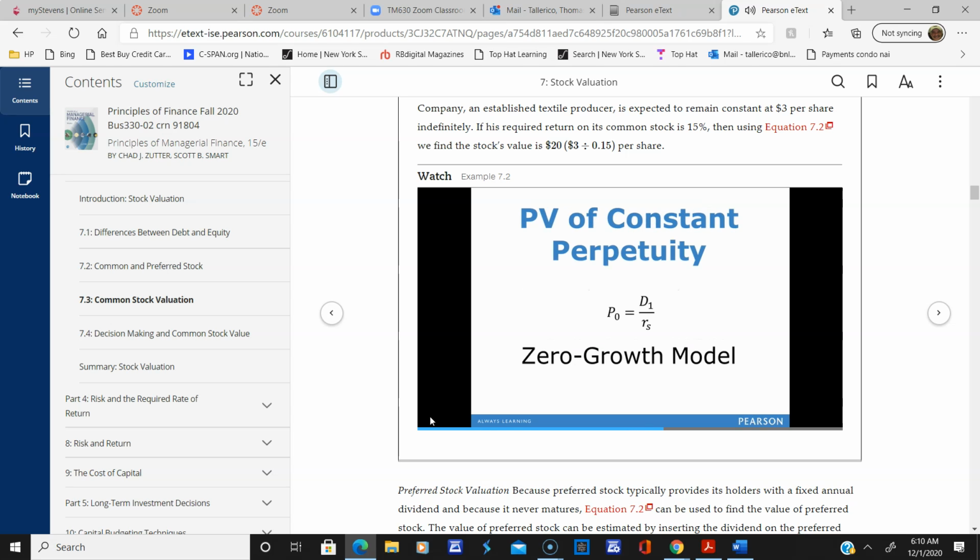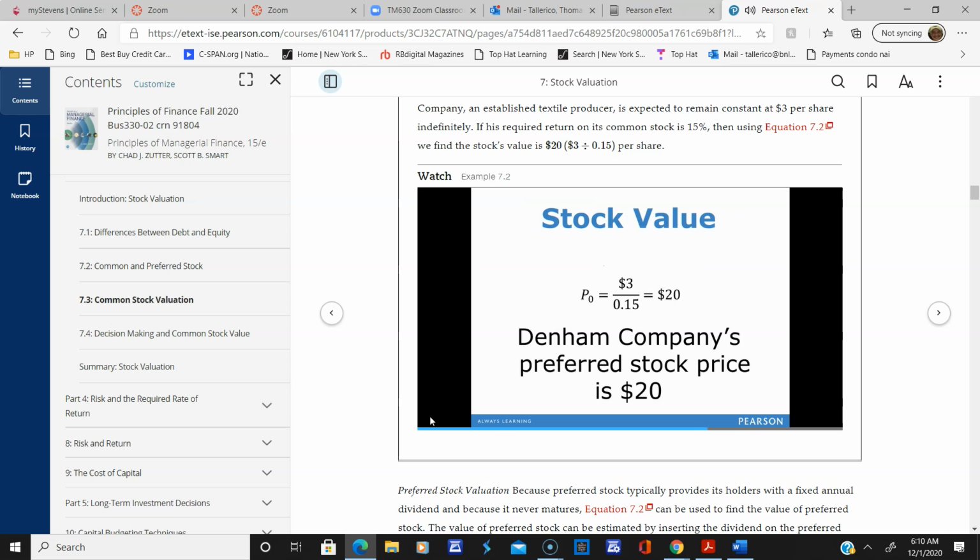Since the stream of dividend payments is a constant perpetuity, we use the zero growth model to estimate the value of the preferred stock. Assuming that the next dividend payment comes 1 year from now, the value of Denham's preferred stock is equal to the dividend payment divided by the required return. If the next dividend payment is $3 and the required return is 15%, then the value of Denham's preferred stock is $20 per share.